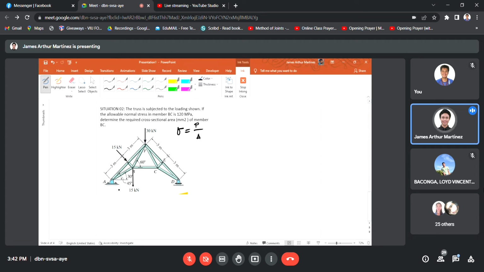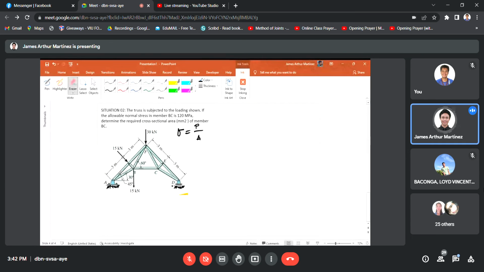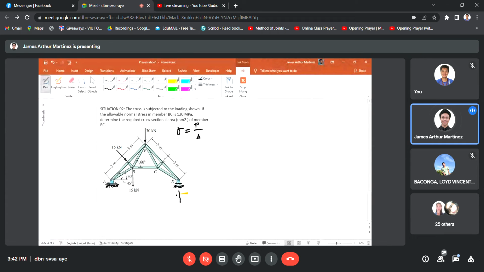Okay. So to analyze our given truss, the first step is to determine the reactions at the given supports. At point B, you have a pin support, so it has one reaction only.